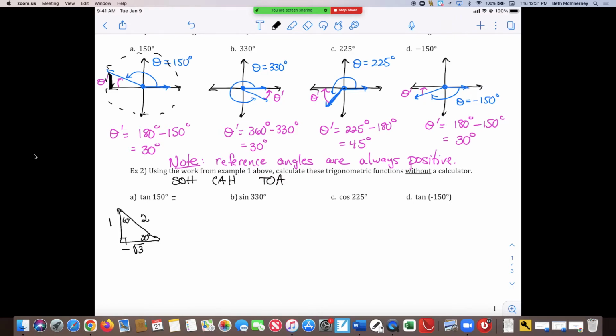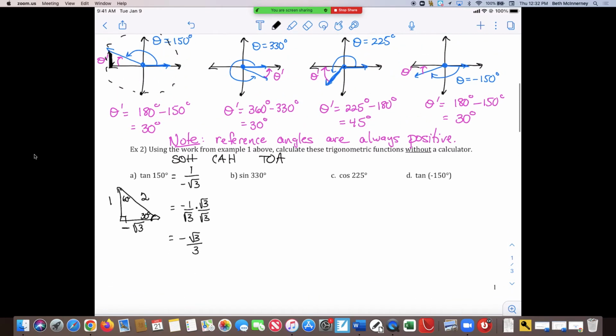Tangent is going to be the opposite of the reference angle. So that's 1 over negative square root 3. Well, I can put the negative up in the top, and I can rationalize and multiply by square root 3 over square root 3. So that's negative square root 3 over 3.